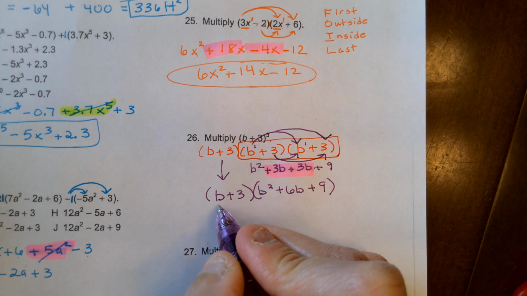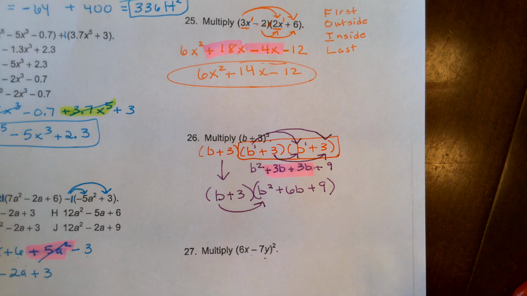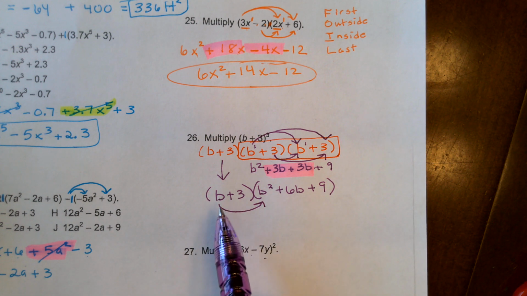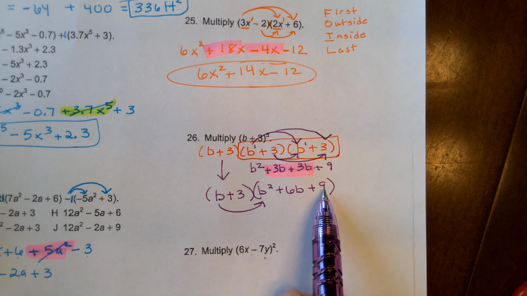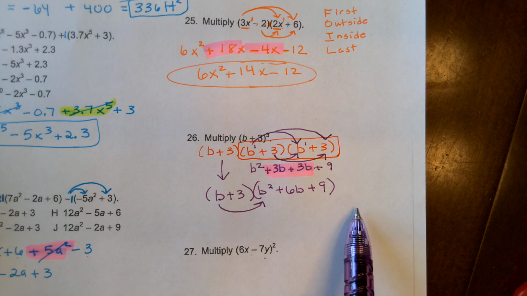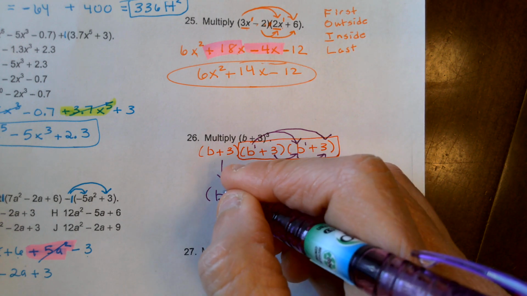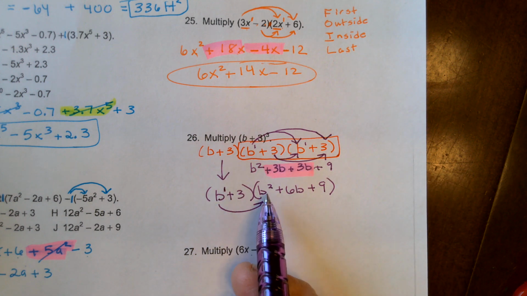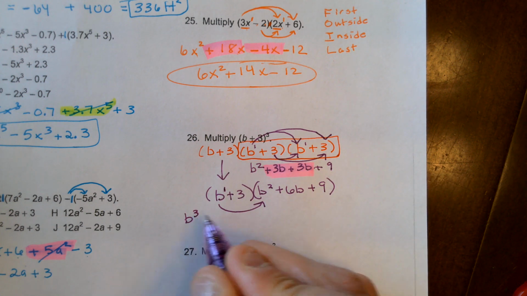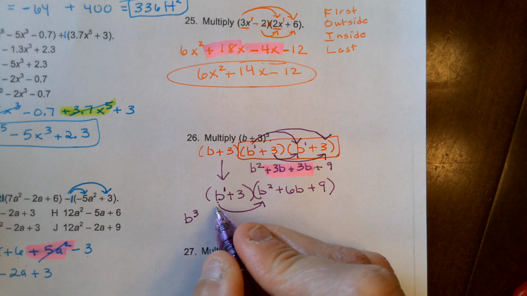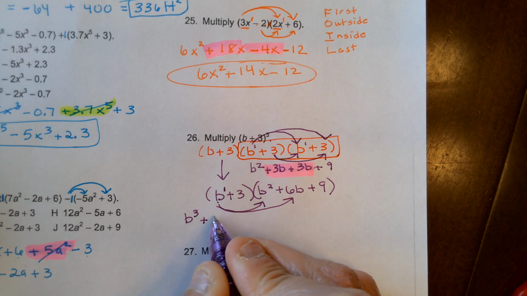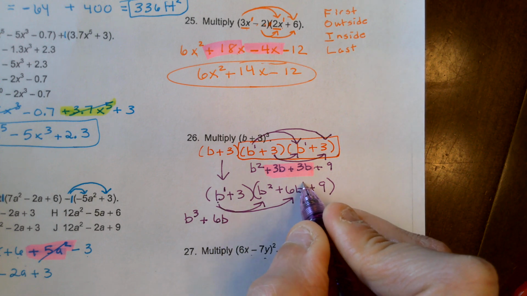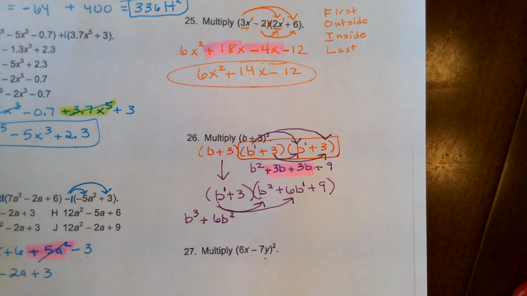B times b to the second, because now I have to take both of these and multiply it by all three of these. So I'm going to end up with 6 terms. So b to the first times b to the second is b to the third. B to the first times 6b is positive 6b to the second.